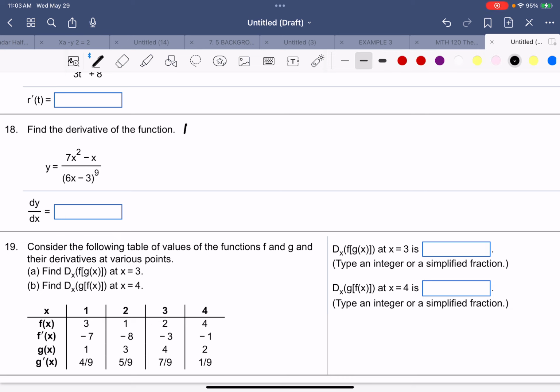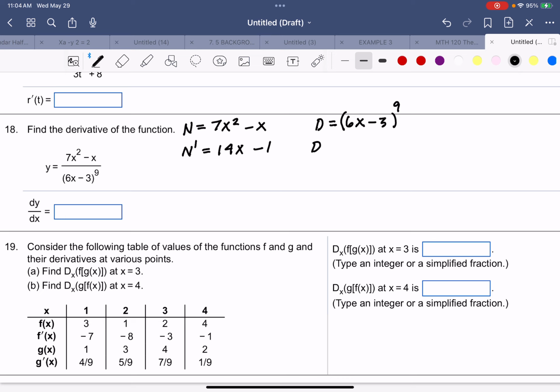My numerator is 7x squared minus x. So the derivative of my numerator is 14x minus 1. My denominator is (6x minus 3) to the 9th.